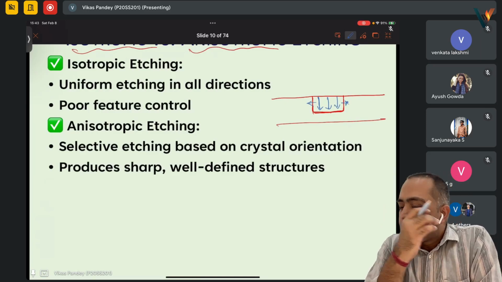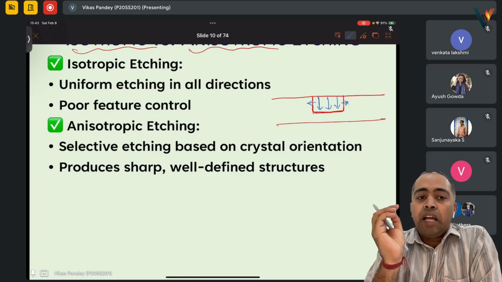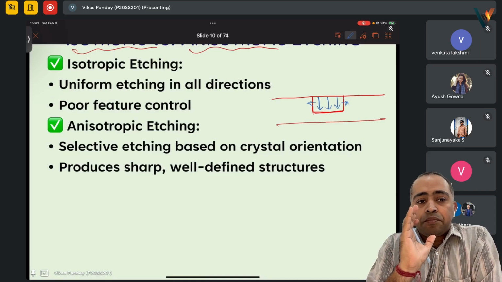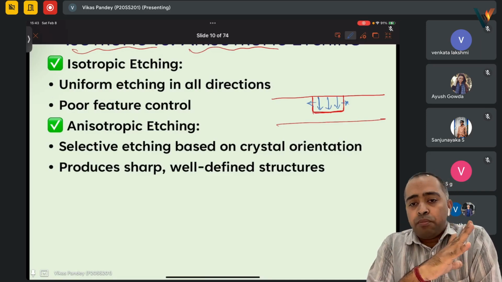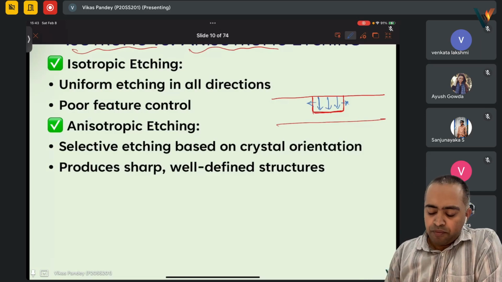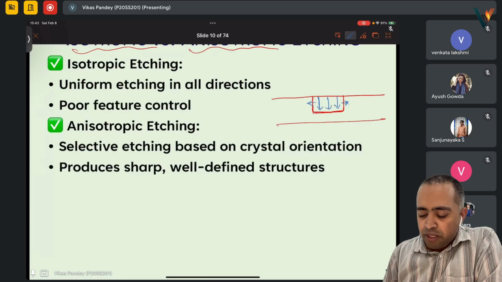Most chemicals have some isotropy and anisotropy. If it is an isotropic etching, it will be uniform in both directions. So we will not get a sharp cut like this.